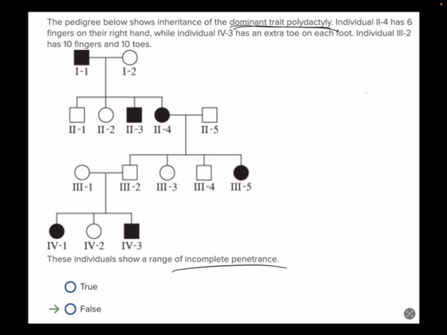So expressivity is again more about how many fingers and toes, where are they, the variation in the trait itself. Not really, because they have the trait. So they would be just polydactylous. I guess they would have a penetrant allele. You could think of it, just not without the incomplete part.